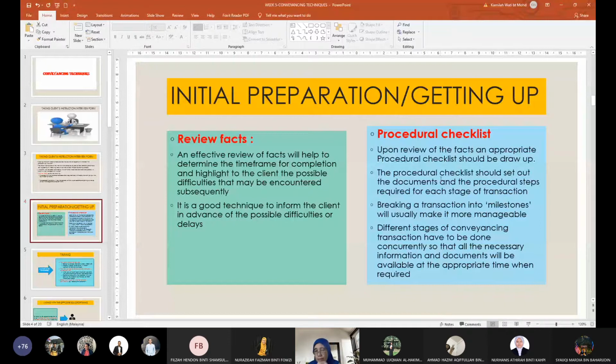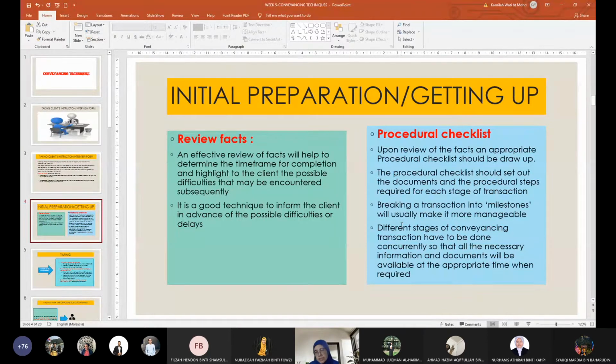Procedural checklist ni saya ada upload dekat file tu, yang mana that was prepared by the Bar Council. Untuk setiap jenis transaction tu berbeza-beza. Contohnya procedure checklist acting for vendor for property with title. Procedure checklist acting for purchaser property with title.